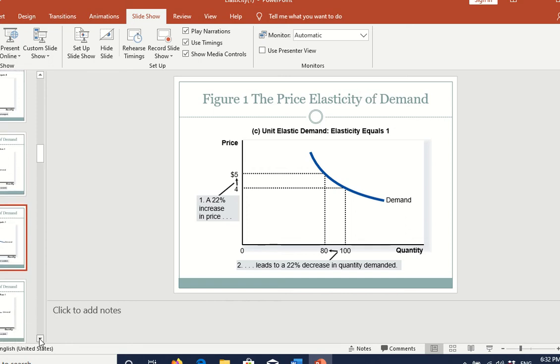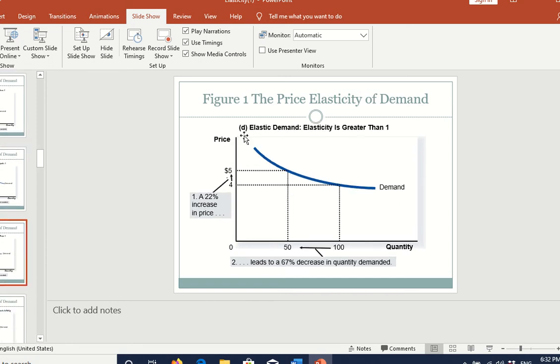And then we have an even flatter demand curve. This is when a 22% increase in price leads to a 67% decrease in quantity demanded. So that's what we mean by elastic demand by definition. So the price elasticity of demand is greater than 1 in its absolute value.